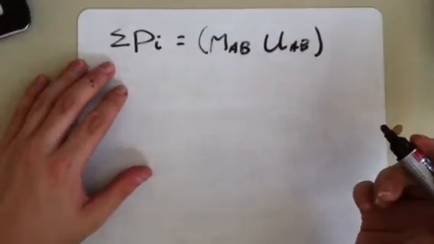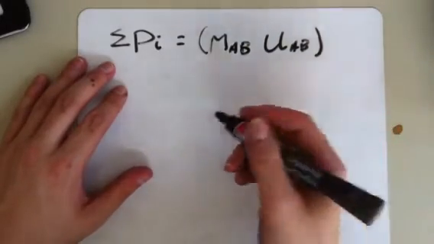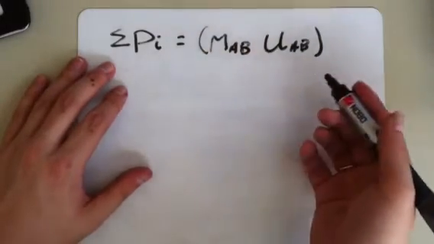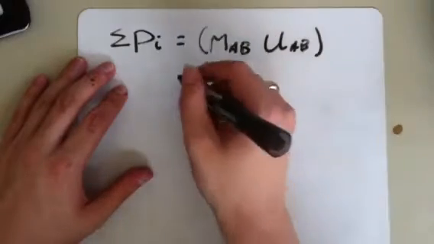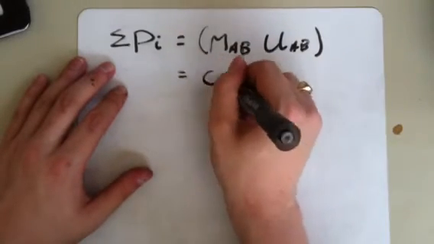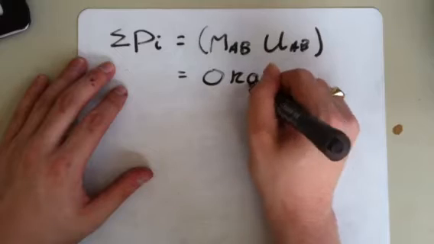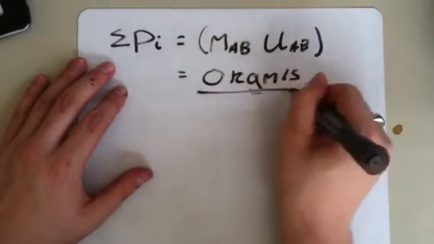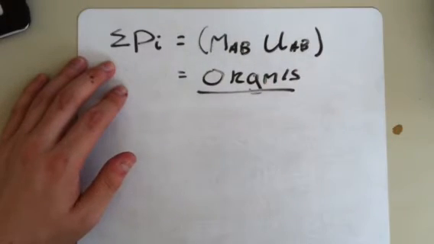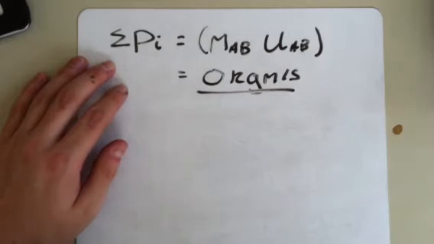Now, this is where a lot of people panic because, if you recall, object AB has no initial velocity, therefore U is 0, therefore the sum initial momentum must also be 0 kilogram meters per second. This is to be expected. 0 velocity means 0 momentum. We are expecting this, so do not panic, this is all to plan.